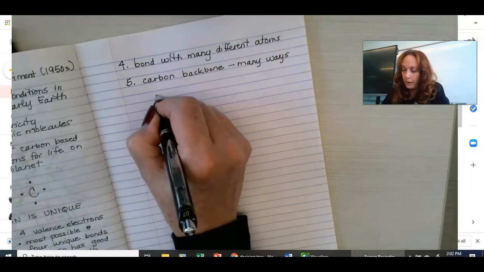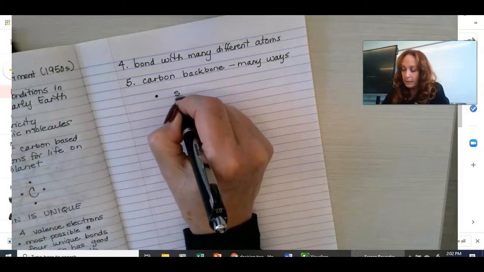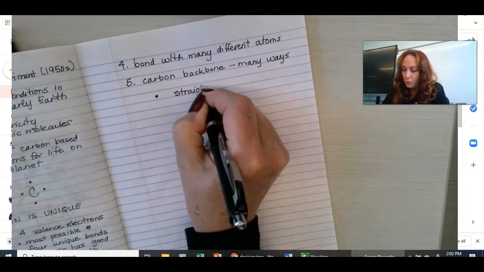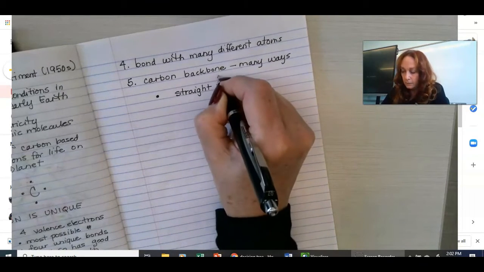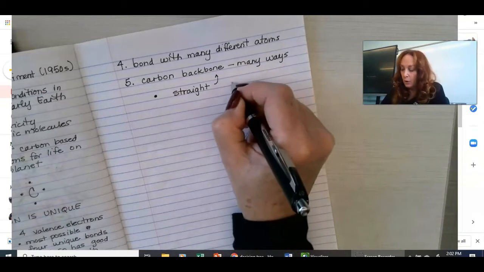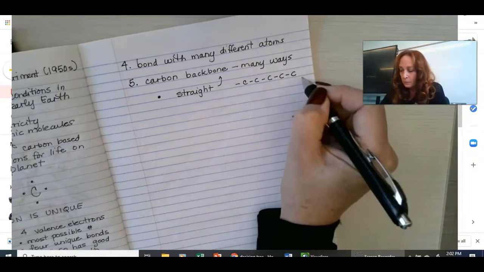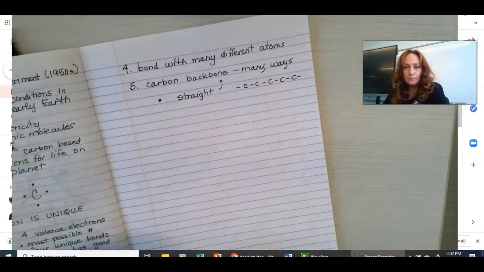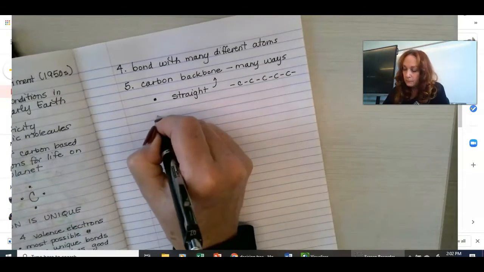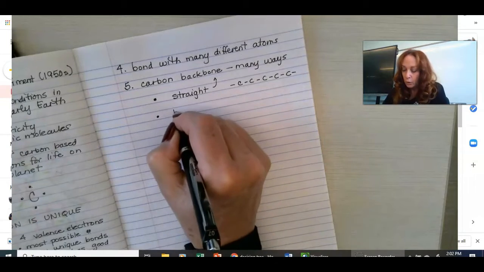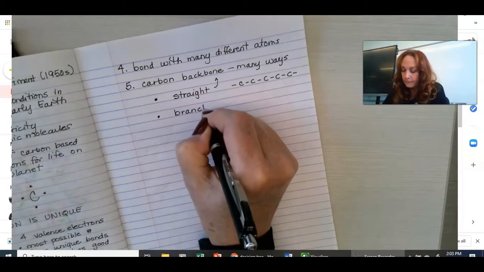So one of those is straight. So you can have a straight backbone. You'd have your carbon. Okay, get where I'm going? That's a straight backbone. Or you can do branched.